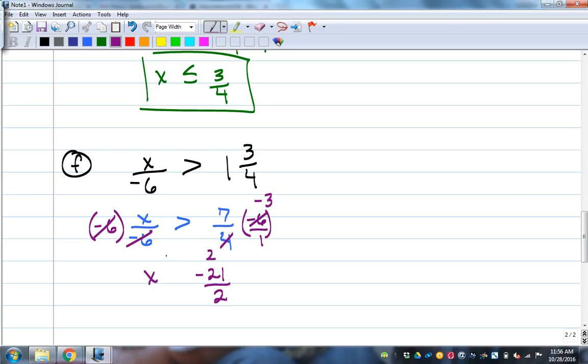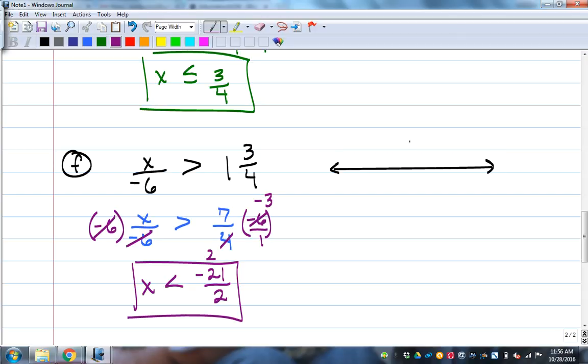over 2. What symbol goes between that and the x? Less than. It flips it around. And leave it as an improper fraction. Don't give me answers that are mixed numbers. Leave them as improper fractions. Okay. Put that on a number line. -21 over 2.